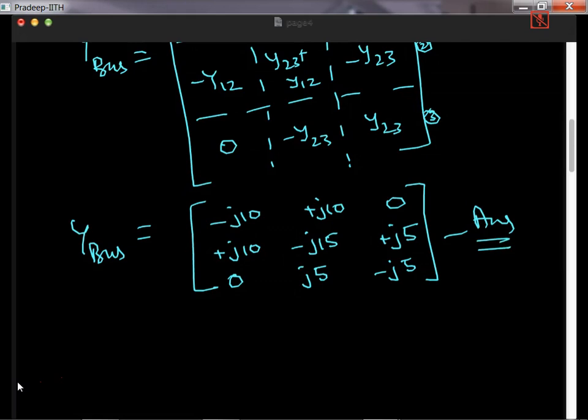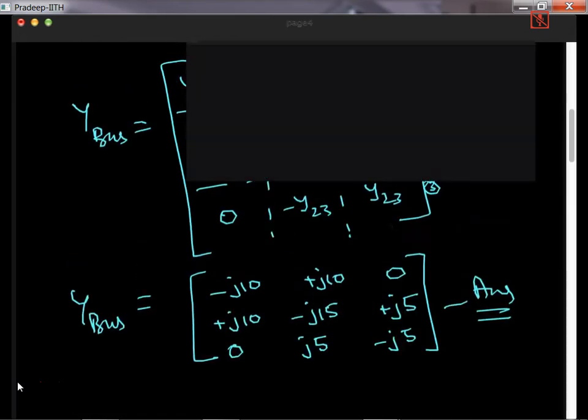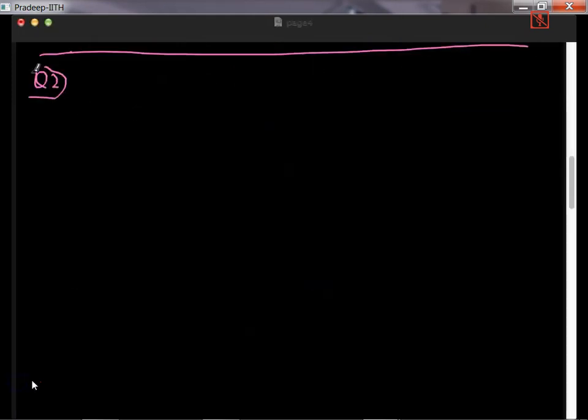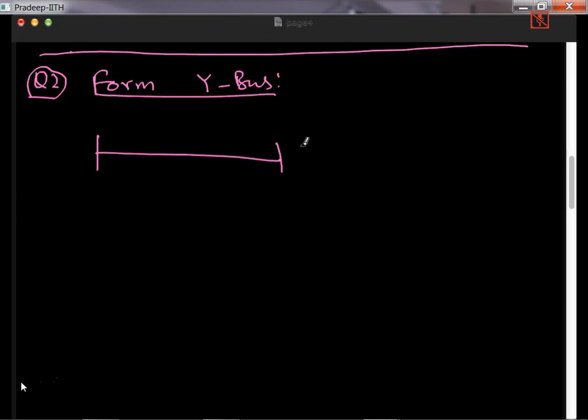So any doubts on this? Form y bus. So the network is like this.